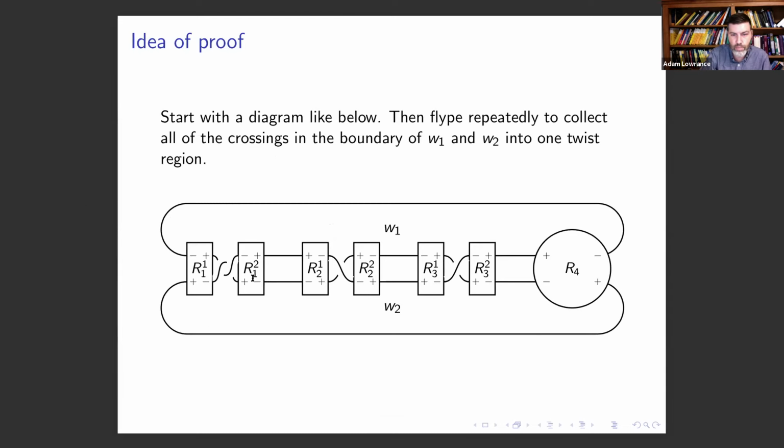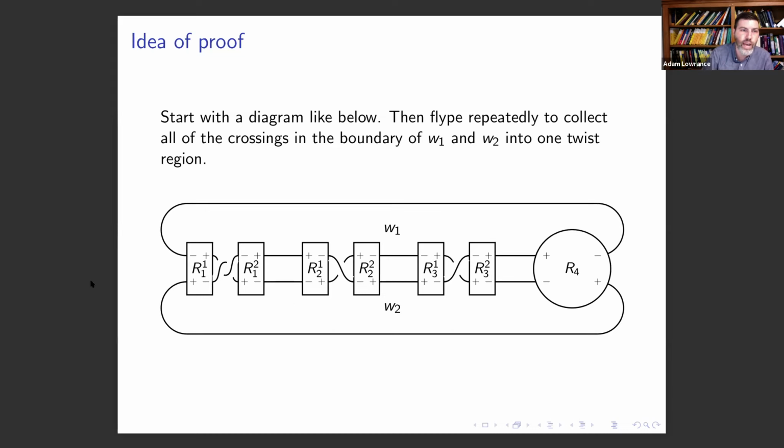The subscripts tell you which alternating tangle you start in. I've named this top face W1 and the bottom face W2, and I've drawn every crossing that goes between W1 and W2. This is just an example, but there are no crossings between W1 and W2 hidden inside my tangle somewhere. I've made sure to draw all of those in the picture.